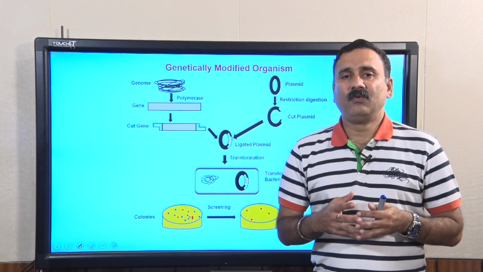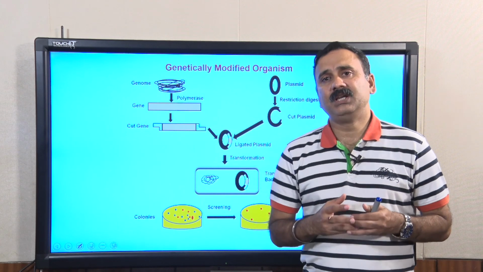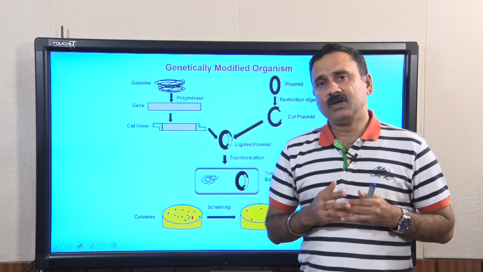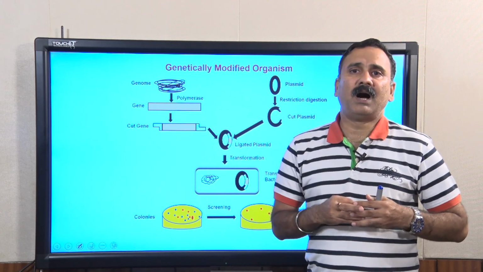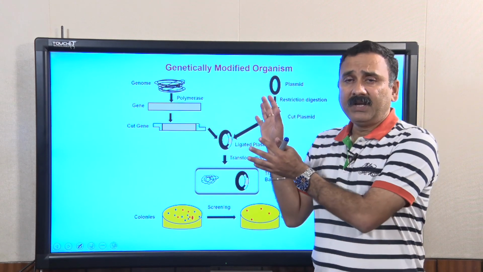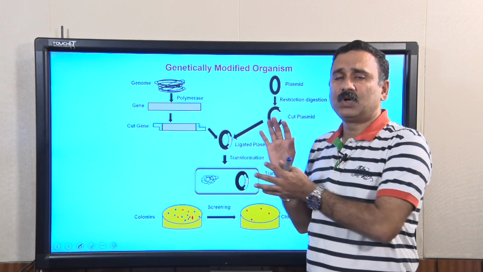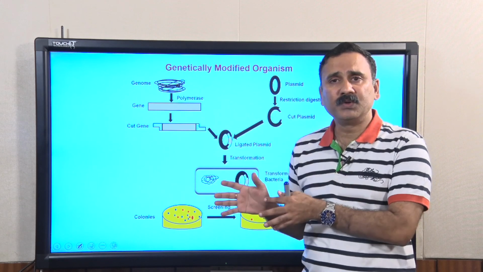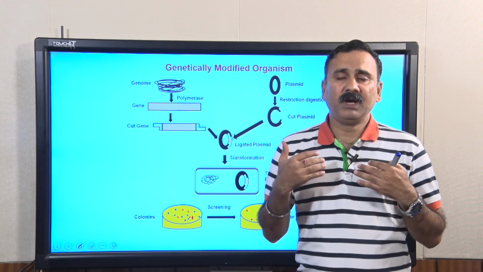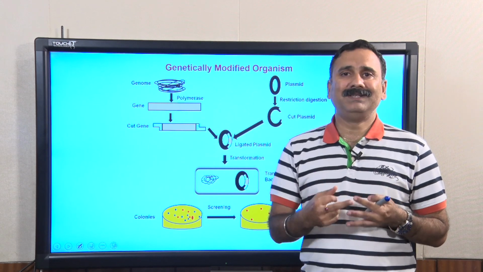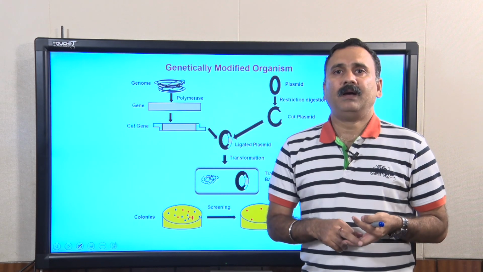So, with this we would like to conclude our lecture here, and in the subsequent lectures we are going to discuss how to exploit these transformed host colonies, or transformed host, to produce proteins for downstream biotechnology applications.